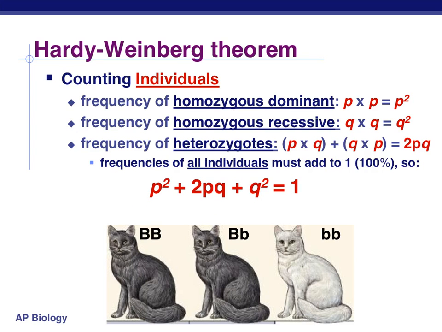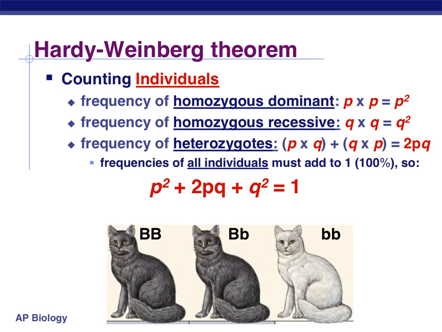We can also, from this theorem, count individuals. And when we do that, we're still counting frequency, but this time we're counting the frequencies of both alleles. So our homozygous dominant will become p squared, p times p, whereas our homozygous recessive would become q squared, q times q, and the frequency of our heterozygotes would become 2pq, which is p times q plus q times p.